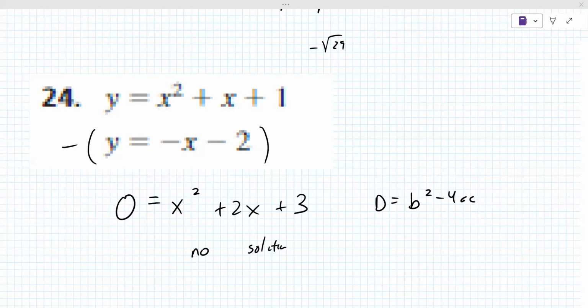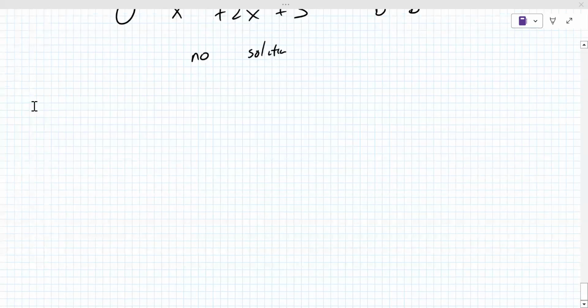Okay, so what I'd like you to do, just because I think this is really helpful, is to try solving this now. Any method you want.